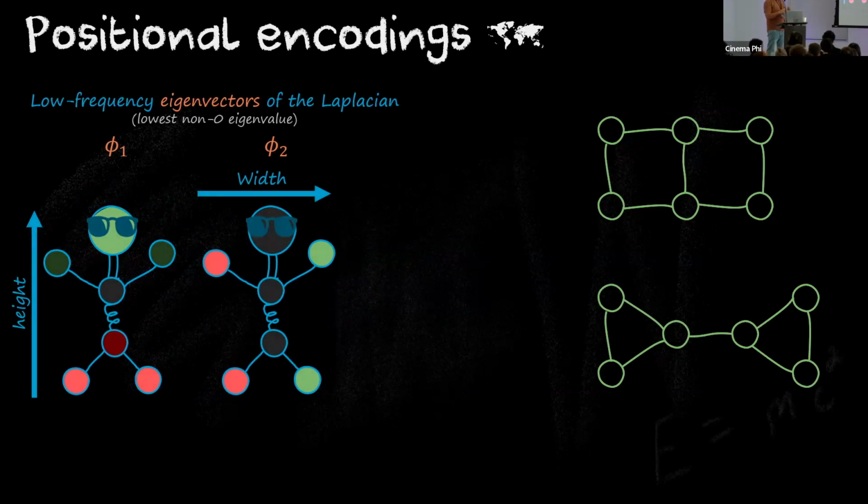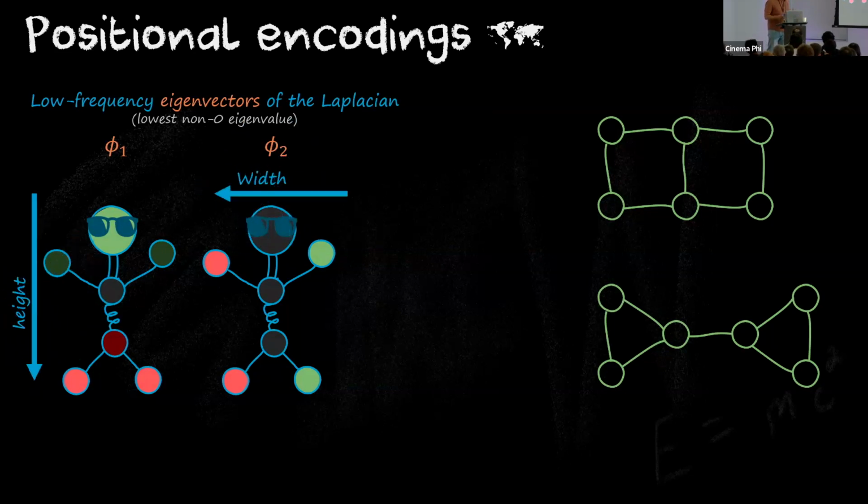And how can you find that mathematically? Well, we talked about the Laplacian matrix before, which is the degree matrix minus the adjacency matrix. If you take the eigenvectors of that matrix, it will give you the longest length and the second longest length representation and the position for each node.